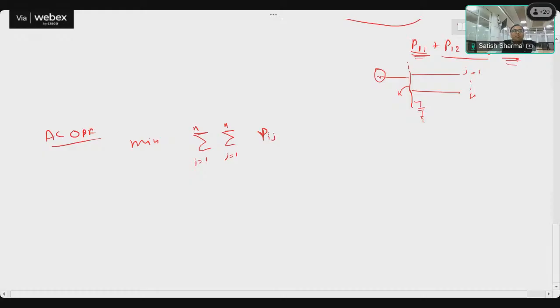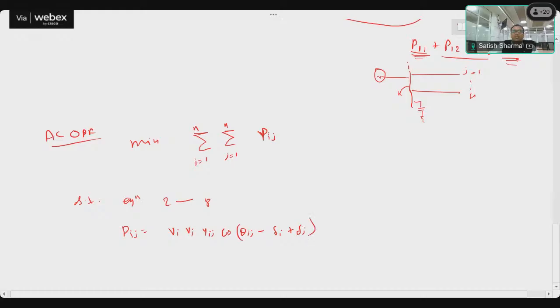Pij is basically our losses, subject to equation 228 which we have defined earlier, and we have to define Pij, that Pij is nothing but ViVjYij cos of theta ij minus delta i plus delta j.